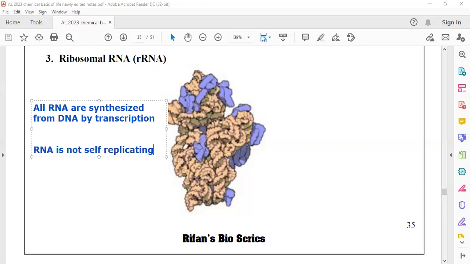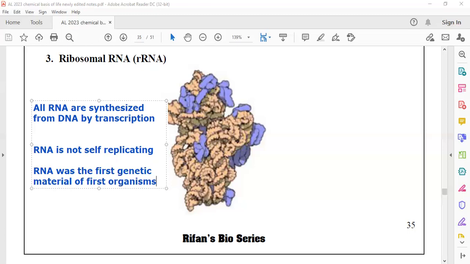At the same time, RNA was the first genetic material of the first organisms on earth. So before DNA originated on this world, RNA originated.